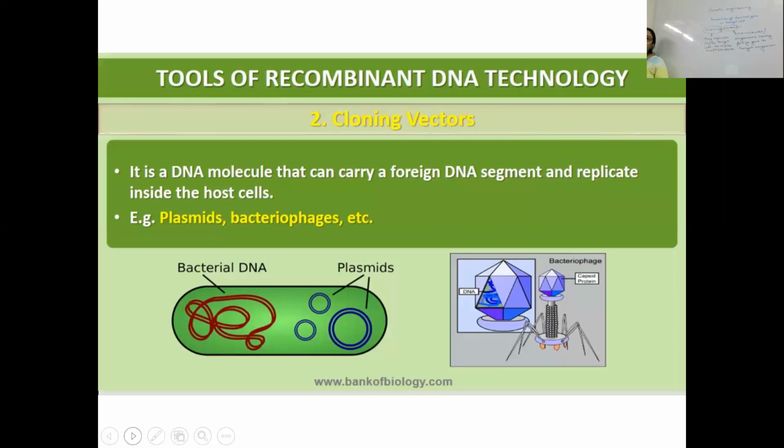Apart from that, yeast artificial chromosomes, phasmids, cosmids. These are the new things. We are not happy with the original vectors. Phasmids are a combination of bacteriophage DNA and plasmid, so we call them phasmid.